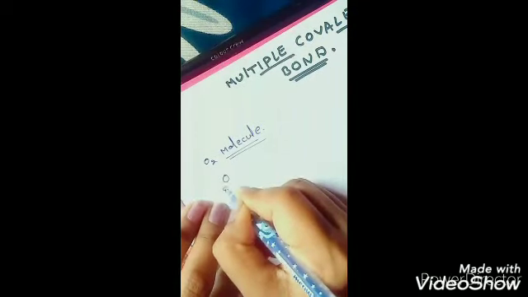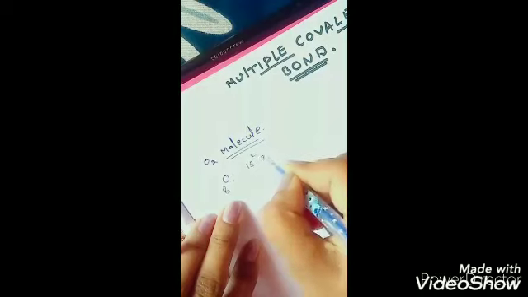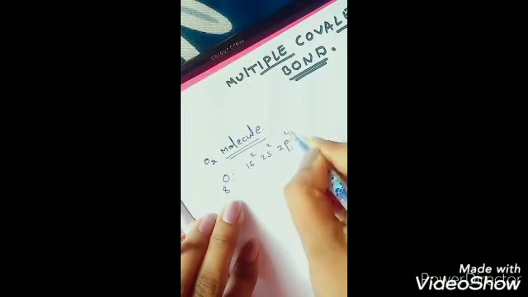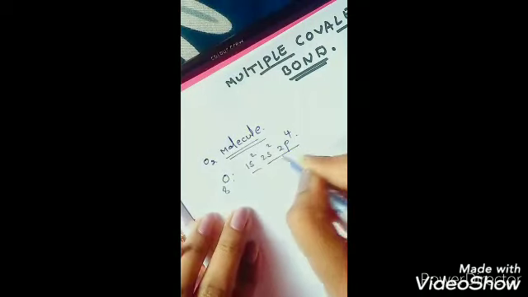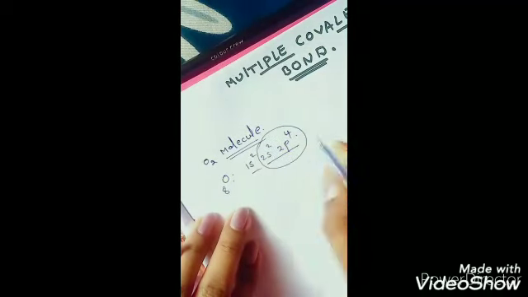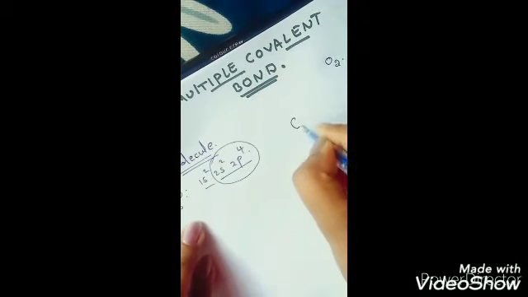Oxygen atomic number is 8, and the electronic configuration is 1s2, 2s2, 2p4. How many valency electrons are present? Totally 6 electrons. So around the oxygen atom, the valency electrons should be like this.